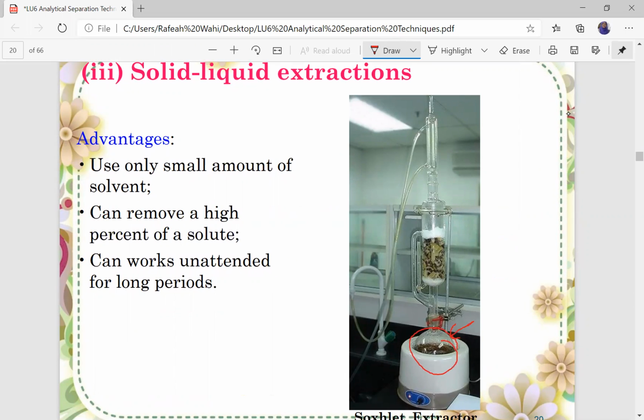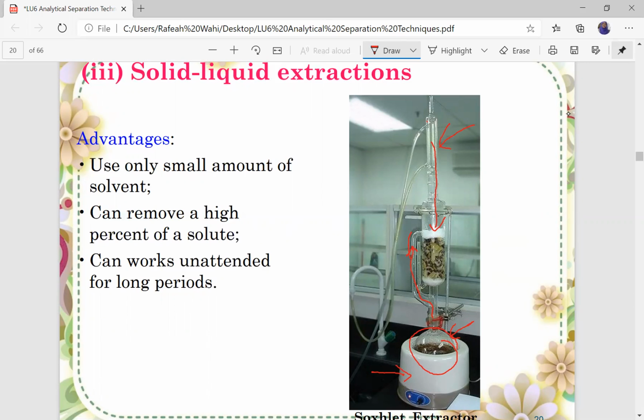Whenever the sample is heated, this is a heating mantle, it will go up to the upper part of the extraction unit. It goes to the condenser. This is the condenser. They go up the condenser, and they go down to the filter thimble. Okay, so this is a thimble containing your sample.